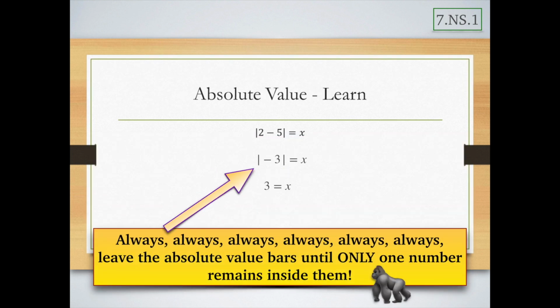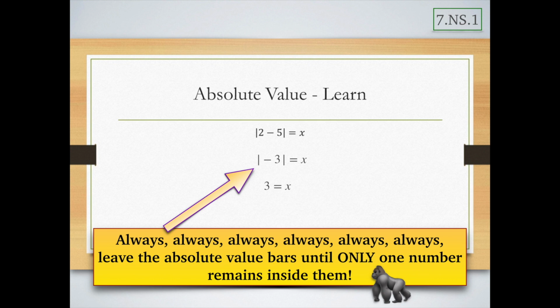Now, like I just said, we want one number inside of the absolute value bars. And I wrote the word always 6 times just to make it as clear as I can. Always leave the absolute value bars until only one number remains inside of them. I've seen many middle schoolers want to tell me what the absolute value of 2 is and the absolute value of negative 5, and then come up with an answer.